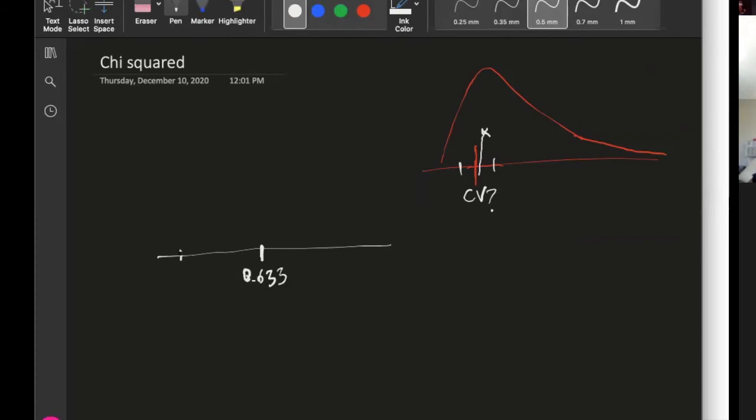And we need to build an interval where with 99% confidence we can say we have a lower confidence level and an upper confidence level, where the variance is going to be between these values with 99% confidence.